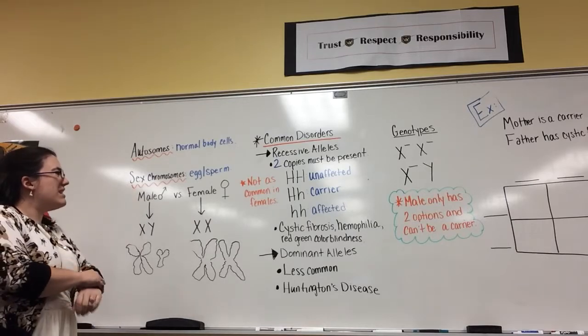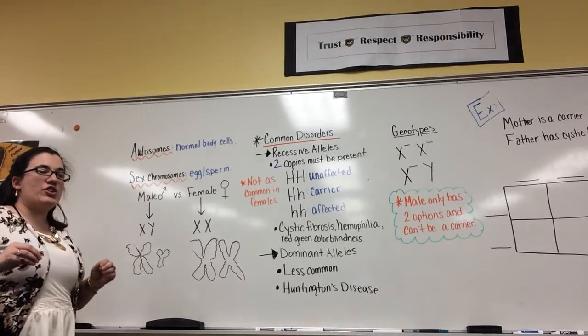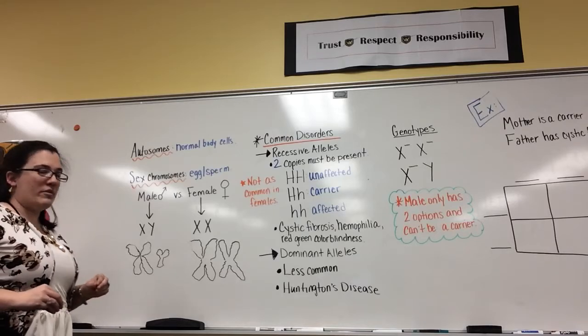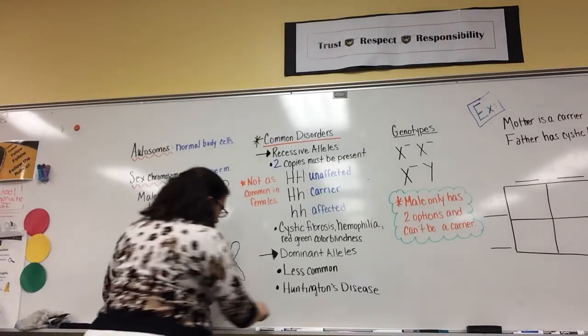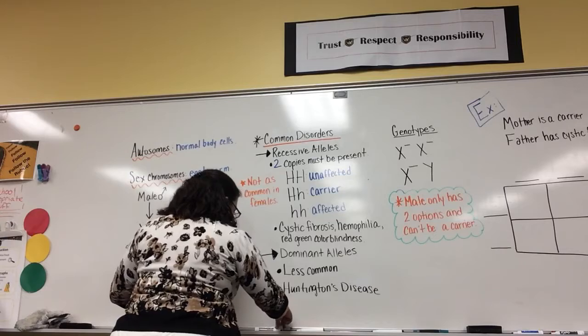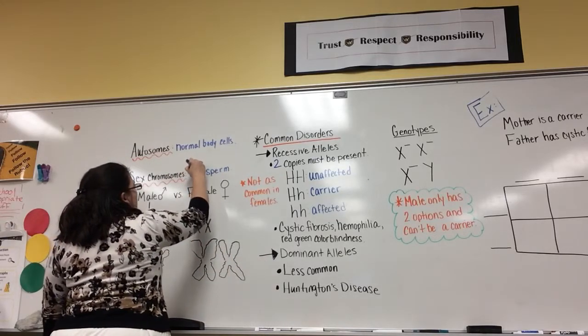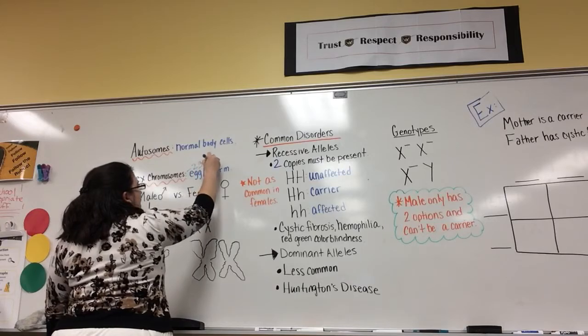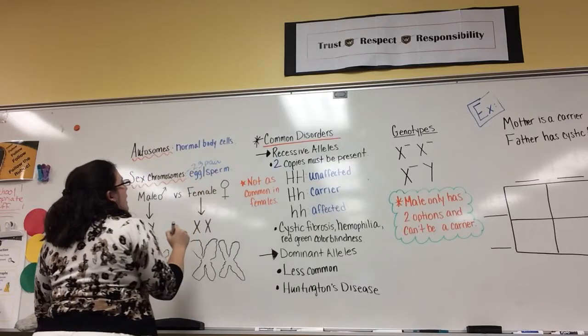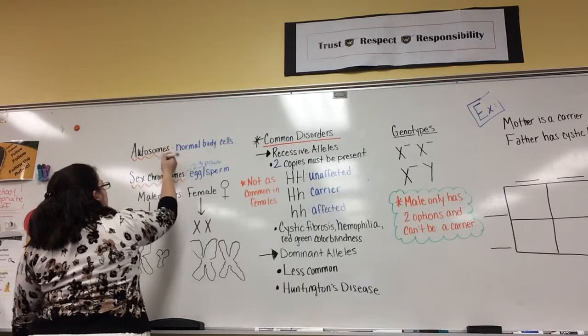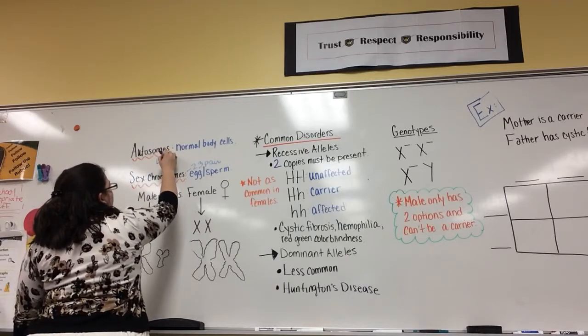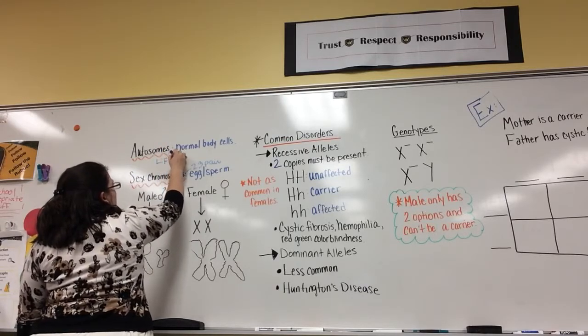So these are the ones that are the 23rd pair of chromosomes that we have. So that's something to note too, that here these are our 23rd pair. And these up here, the autosomes, are the first 22 pairs.